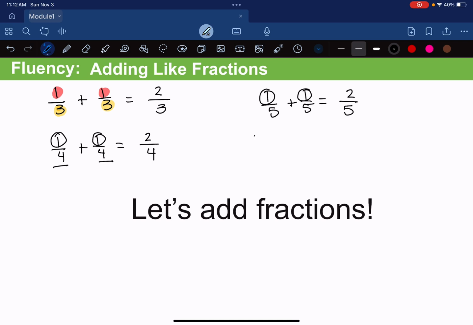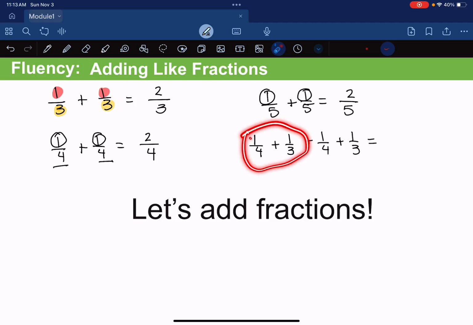Now let's say I have a problem like this. 1/4 plus 1/3 plus 1/4 plus 1/3. I cannot take these and add them together.